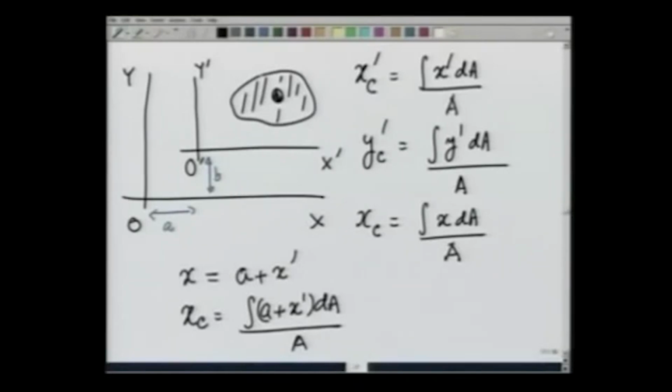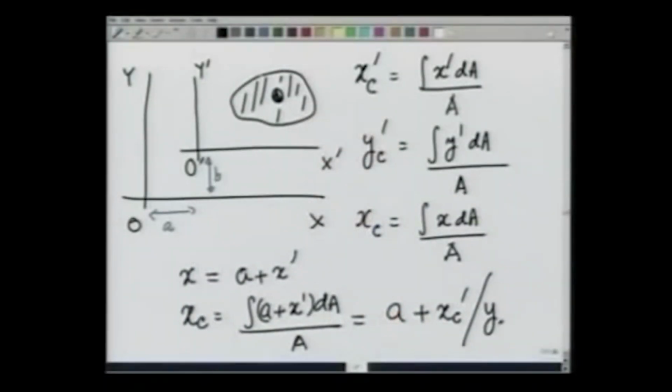A comes out of the integral, and integral dA is the total area, so this will come out to be a plus integration x prime dA over the area, which is nothing but a plus xc prime. So, you see, if I calculate the centroid with respect to a shifted coordinate system, the centroid shifts by the appropriate amount so as to remain at the same point in the body, and similarly you can show that yc will be equal to b plus yc prime, which I leave as an exercise for you.